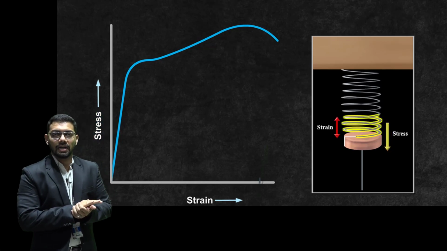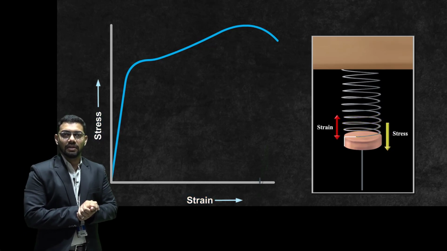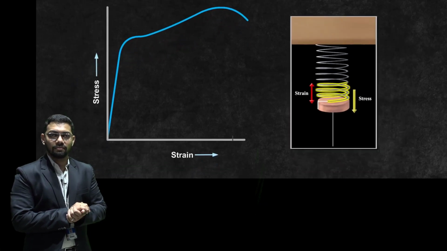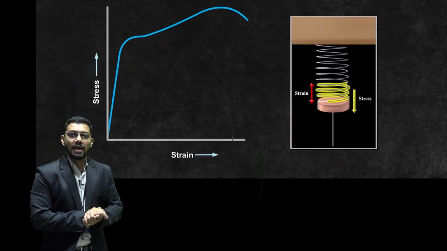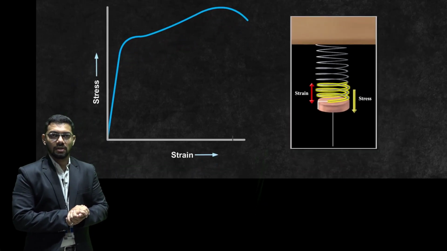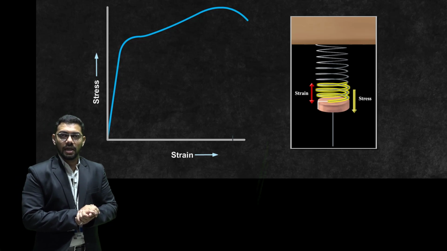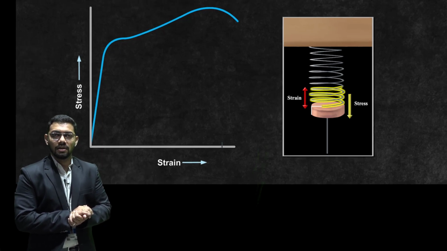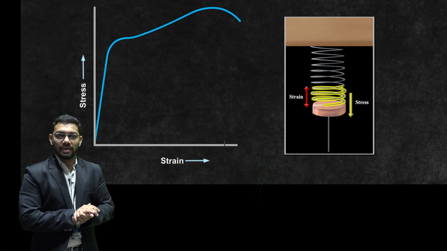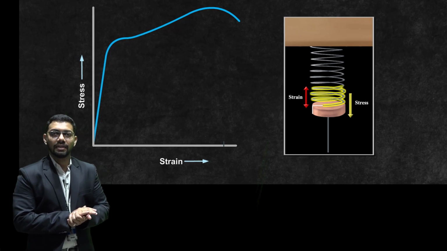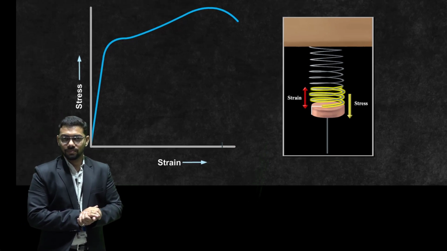Now, plot the graph between the stress, equal to the applied force per unit area, and the strain produced. The curve so obtained helps us to understand how a given material deforms with increase in load or force.